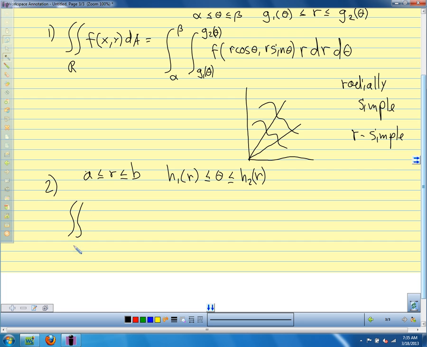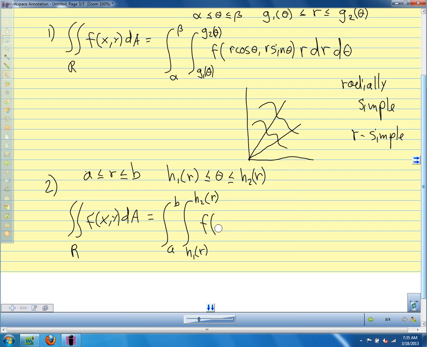So our double integral over our region is just going to be the integral from a to b, h1 of r to h2 of r are inner limits, and our function in rectangular coordinates, d theta dr. And we call this kind of region angularly simple.